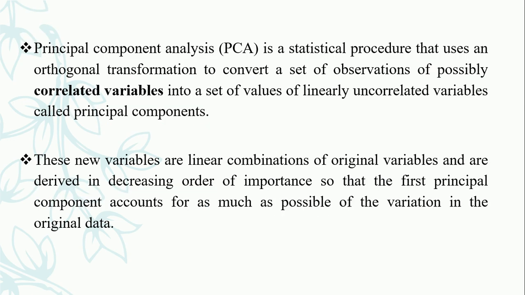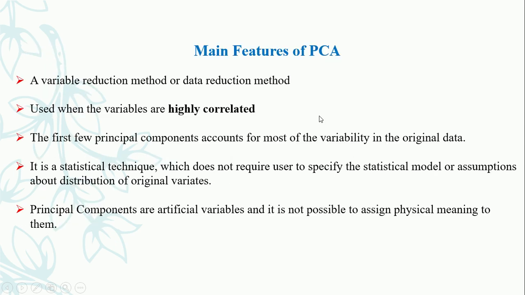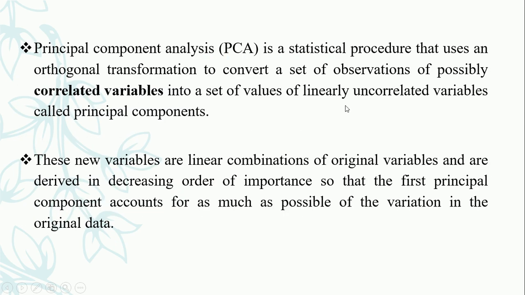So the principal component analysis is a statistical procedure that uses an orthogonal transformation to convert a set of possibly correlated variables into a set of linearly uncorrelated variables. Okay, so these linearly uncorrelated variables are called principal components.